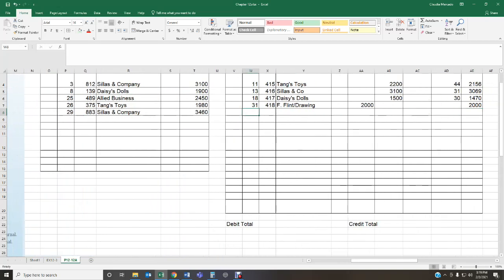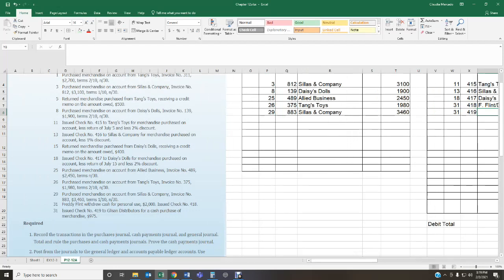Okay, this is happening on the 31st, and this is check number 419. Okay, and what did it say? Let me go back. Issued check number 419 to Glisson Distributors for a cash purchase of merchandise, $975.